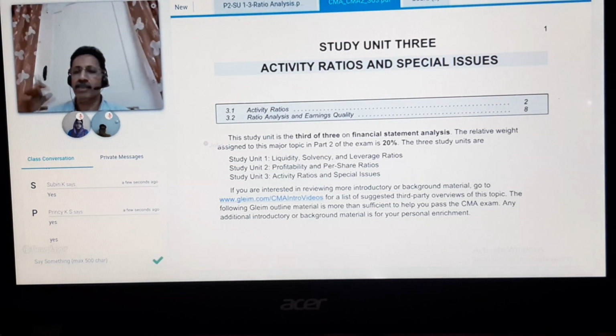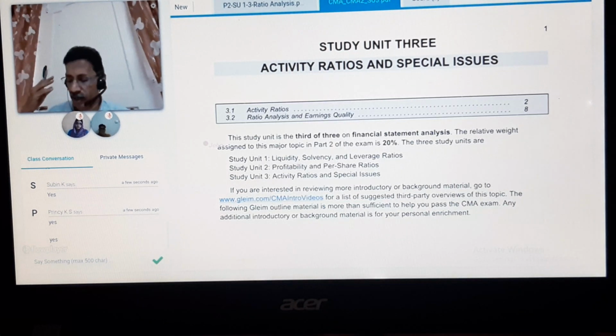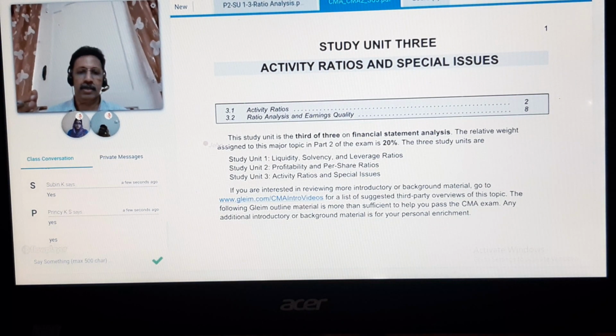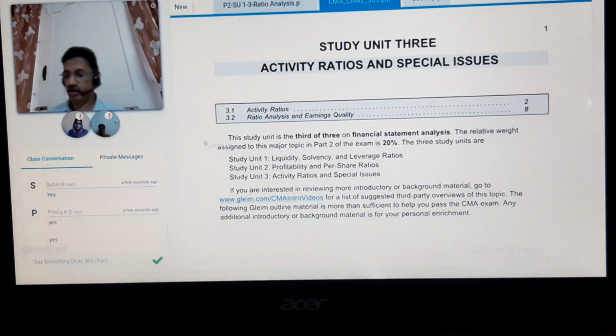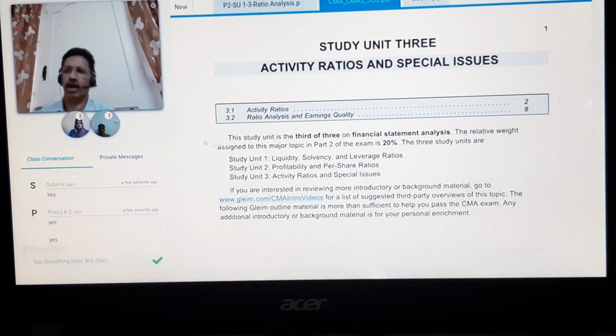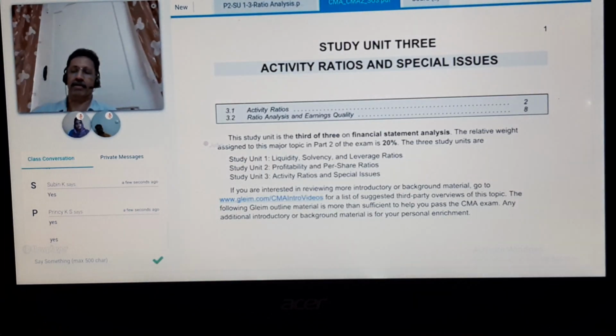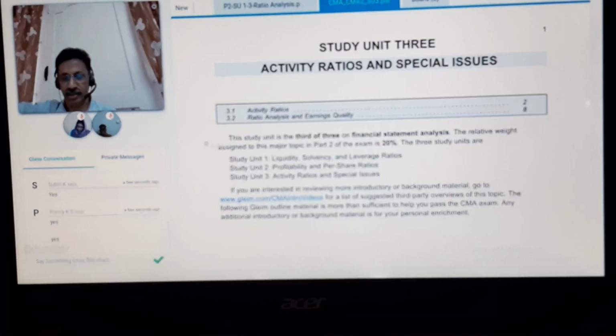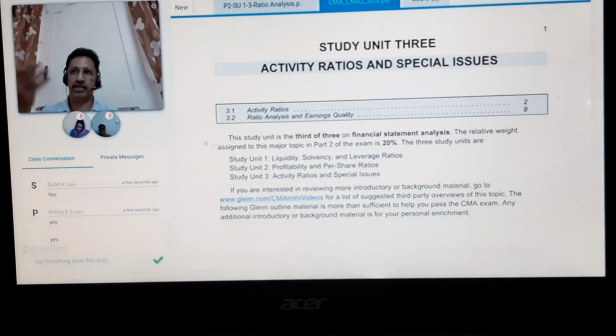So how much sales you are having for a given level of investment. The higher it is, the more efficient you are, the more productive you are. Like for a given level of investment in working capital, are you having very high sales? What is the sales level compared to the previous year? Are you increasing it? Compared to your peers, are you increasing it?